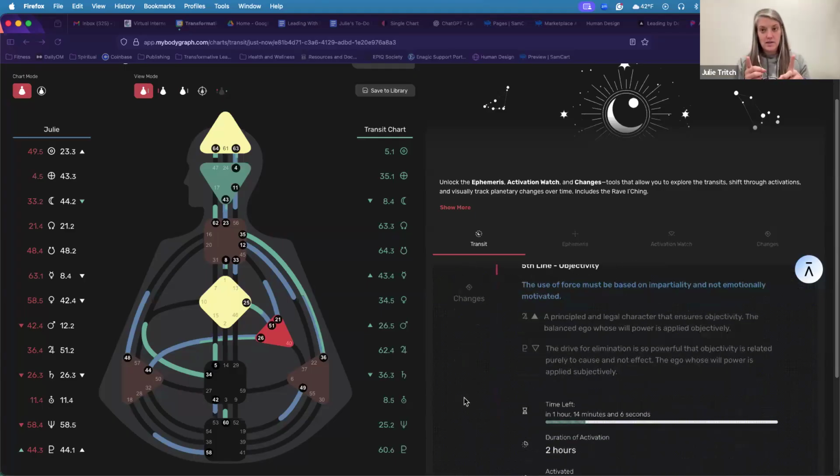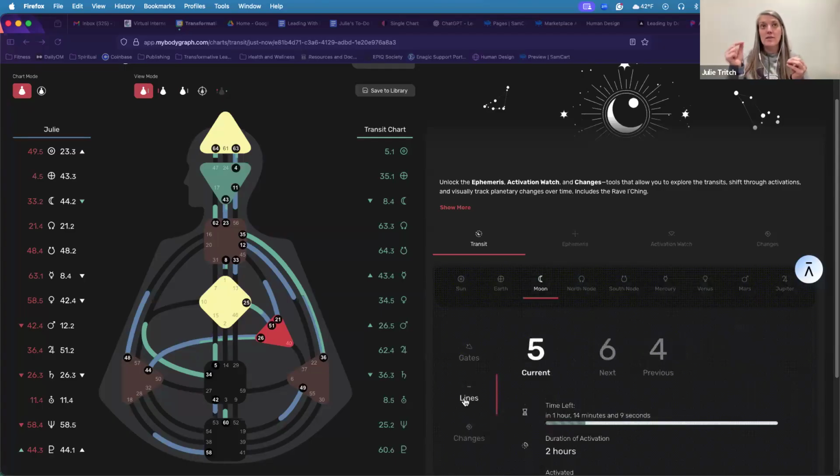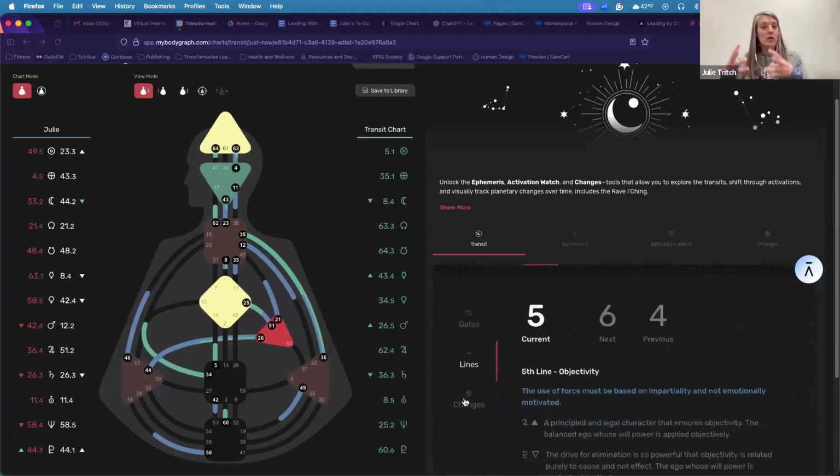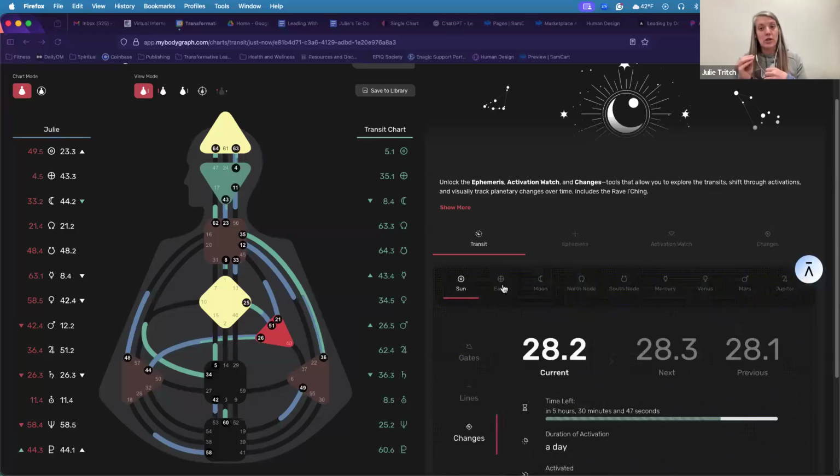The caveat to this, or the other piece of understanding that you need to have with this, is when you have centers that are normally not defined in your chart, but they are active because of current transits, you really, really need to understand how that affects you personally.